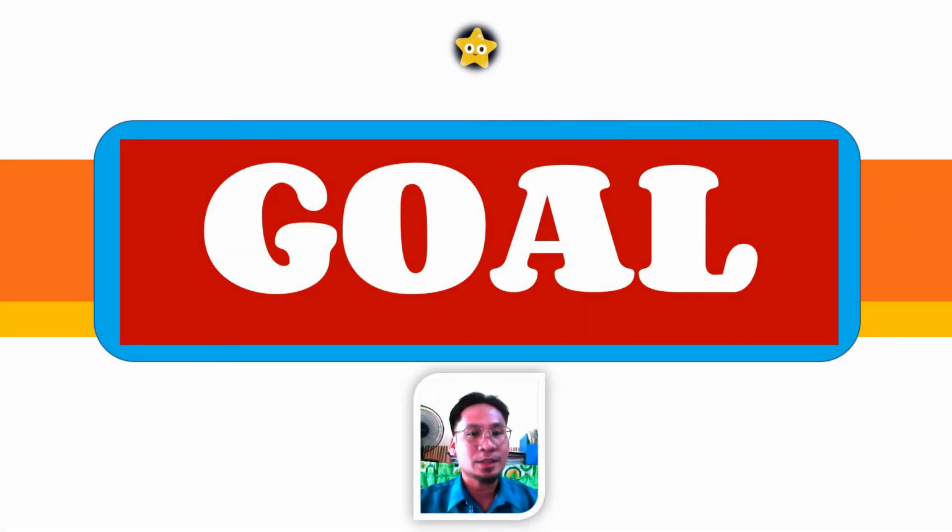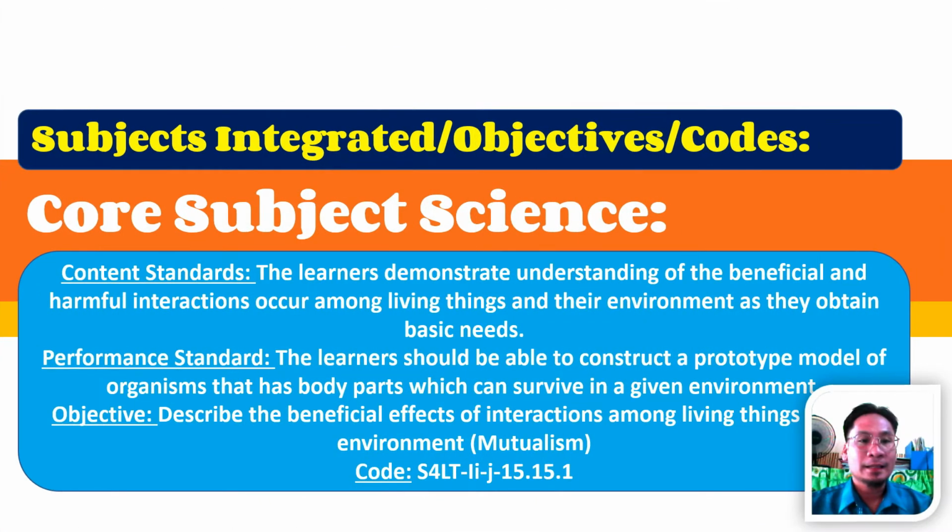Okay, let's start with the goal for this IPT sample exemplar. The CS, or the content standard, for the core subject Science is: the learners demonstrate understanding of the beneficial and harmful interactions that occur among living things and their environment as they obtain basic needs.